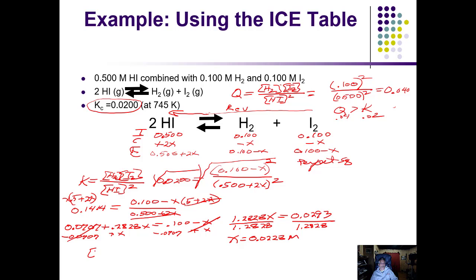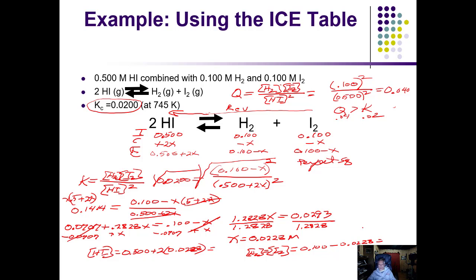So for hydrogen iodide, this guy right here, that's going to be at equilibrium 0.500 plus 2x, and x is 0.0228, and then for H2, which is equal to the concentration of I2, that's going to be equal to 0.100 minus x, which is 0.0228.